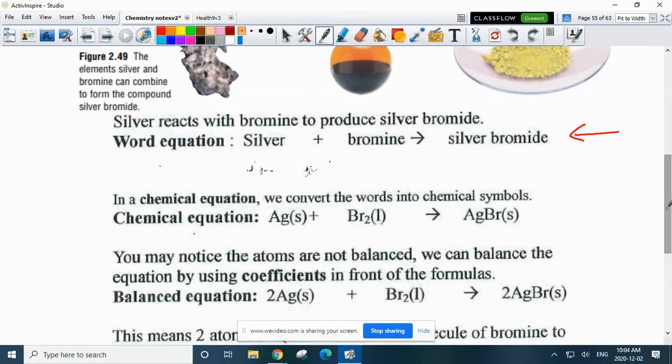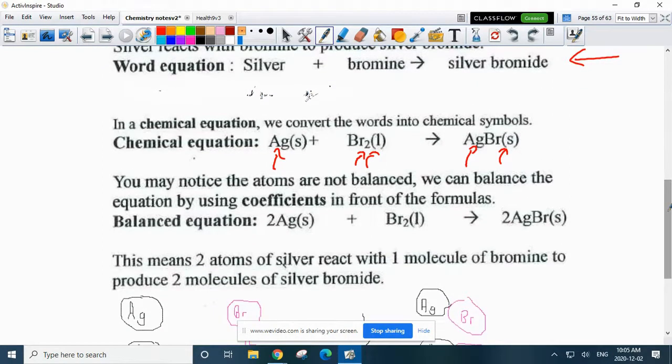And then there's chemical equations as well. Silver is Ag, bromine is a Haber-Finkel, so it's a Br2 formula, and then silver bromide, balanced out by charges like this. But if you look at it, you'll notice the atoms aren't balanced. There's one silver on this side, and there's one silver here, but there's 2 bromines there, and only 1 here. And so we can change the coefficients in front of it to make it balanced.